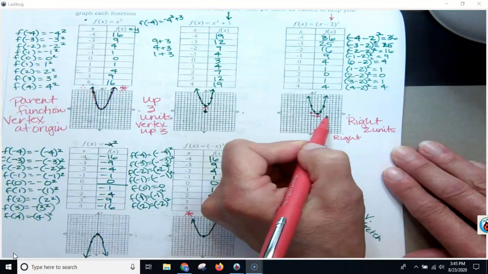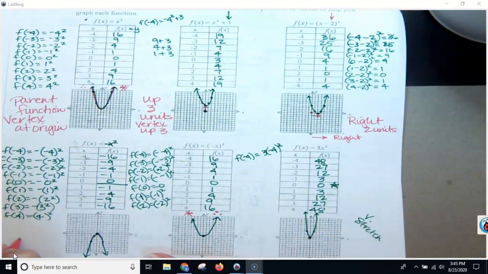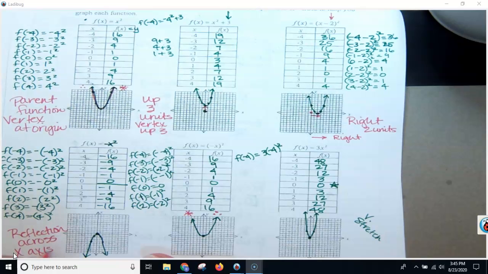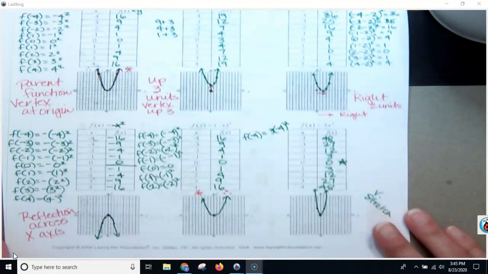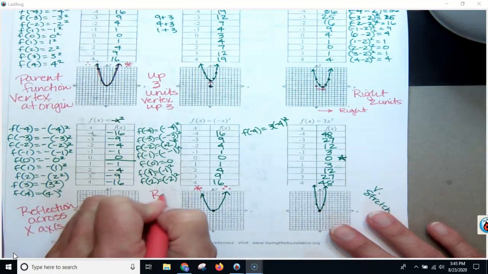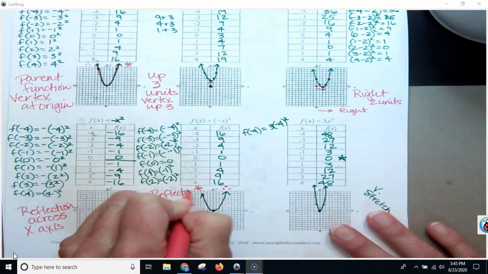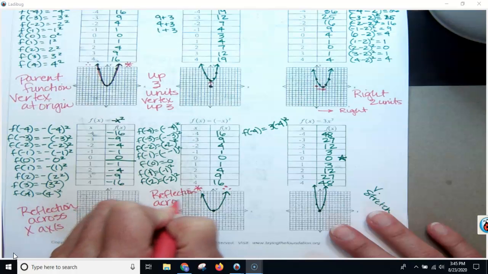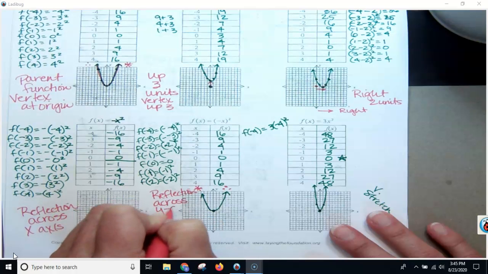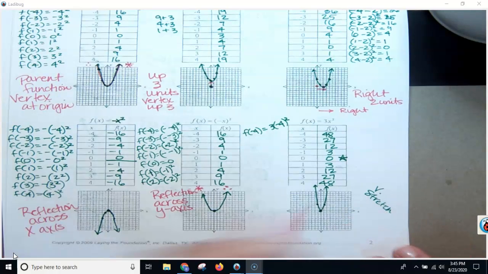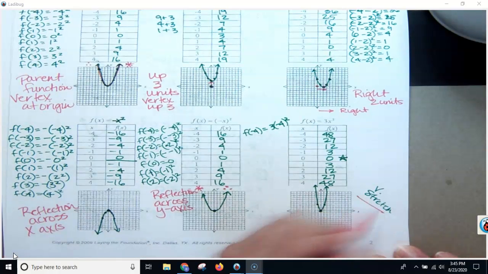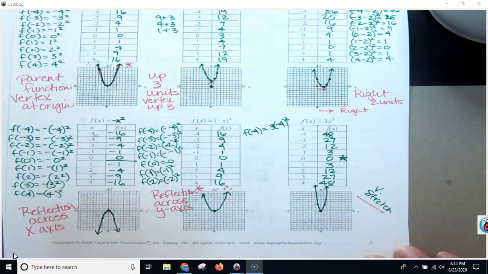So translation, right 2 units. In this one, this is called a reflection across the x-axis. And in this one, this is a reflection across the y-axis. And this one here is a vertical stretch. Okay, that's it for this video.